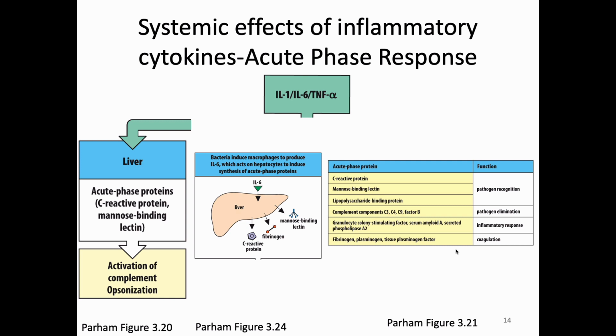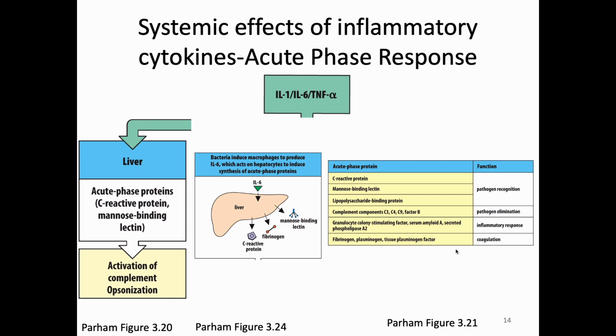These liver proteins are known as the acute phase proteins. Some of them help blood clotting. It makes sense, now we're going to try to increase the amount of clotting we're going to do. One of the other big groups of proteins that get made here are complement proteins. So now you've started this inflammatory response.